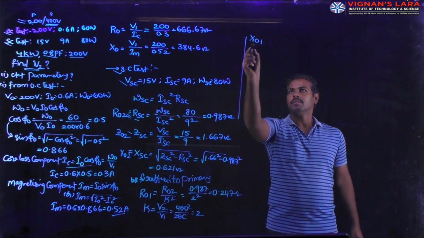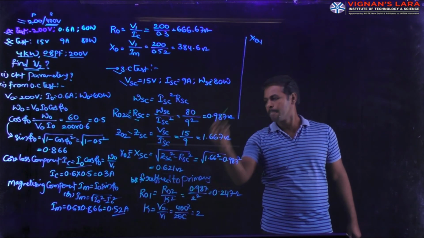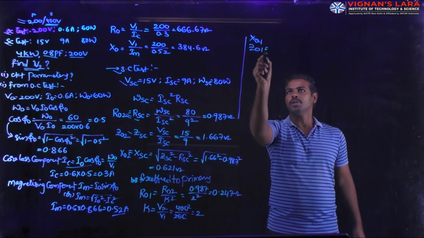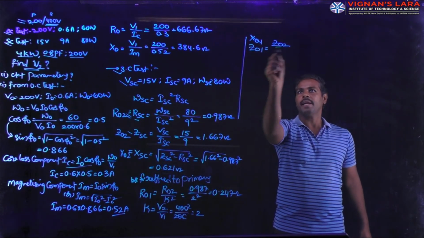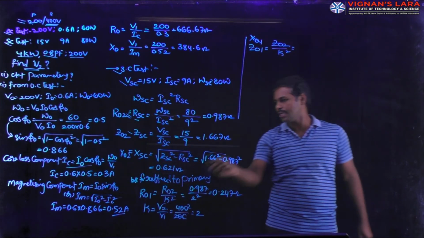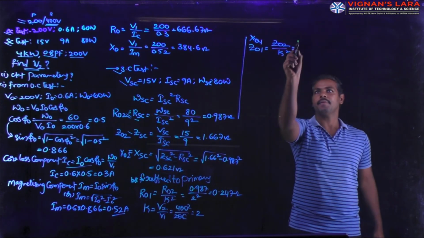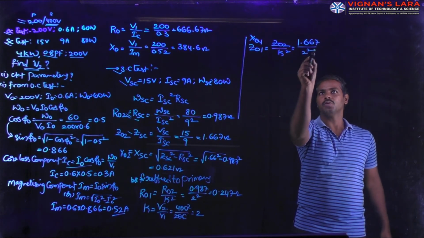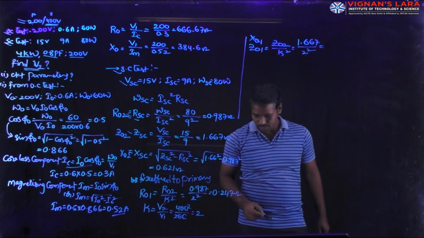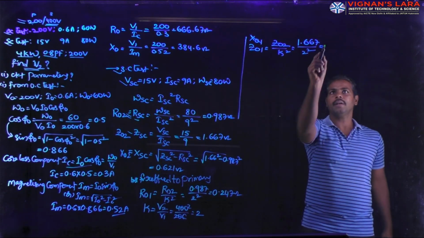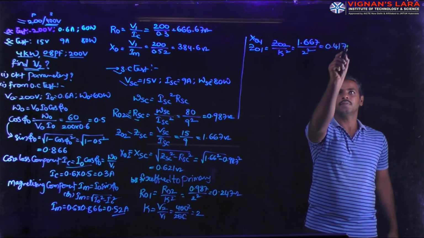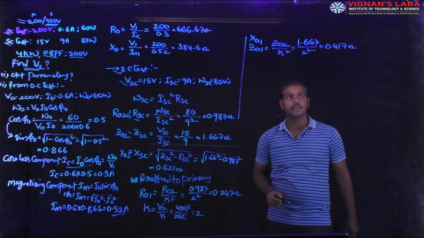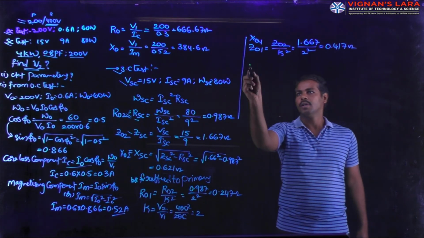The second one is Z01, which is equal to Z02 divided by K square, which is 1.667 divided by 2 square, equal to 0.417 ohms.